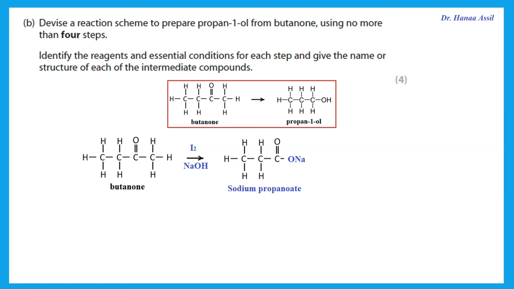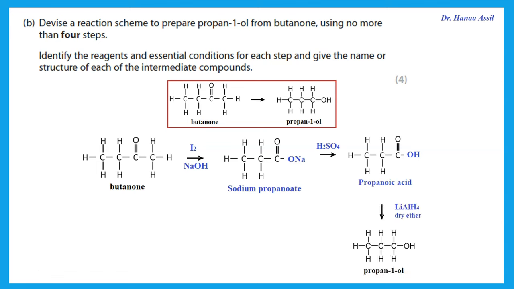So that is sodium propanoate. We're required to give the names. Then what should I do next? I can add dilute acid. So this becomes propanoic acid. Now, we're trying to make what? We're trying to make propan-1-ol. I can reduce this with lithium aluminum hydride in dry ether. That would change the acid into alcohol.